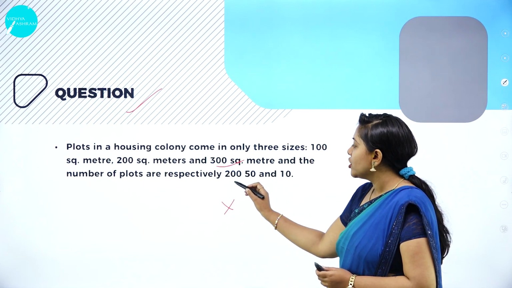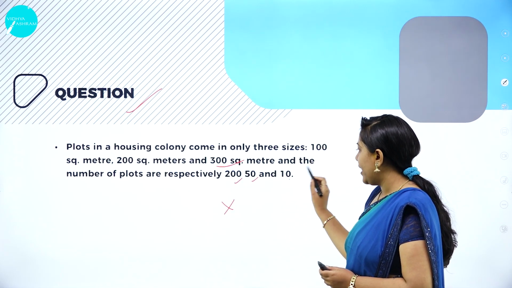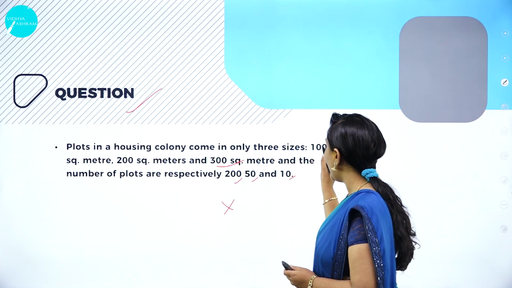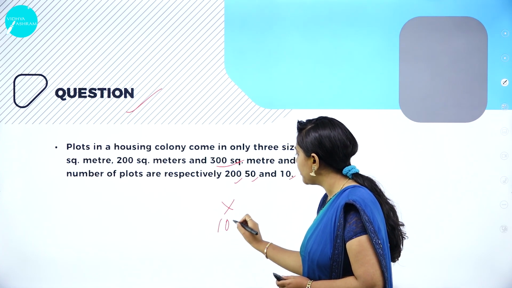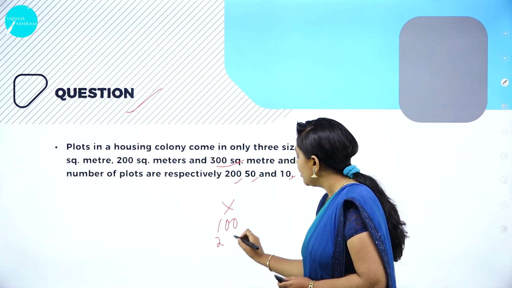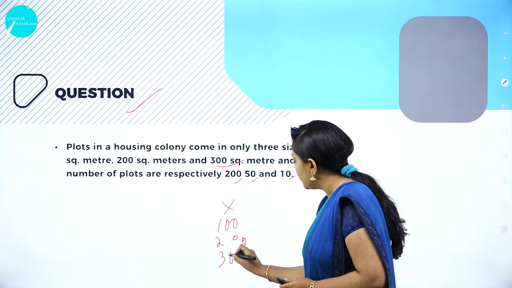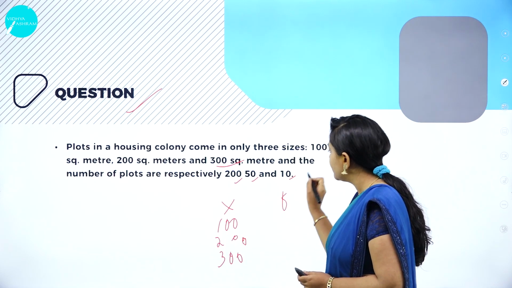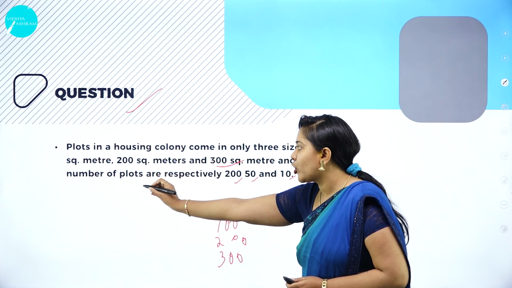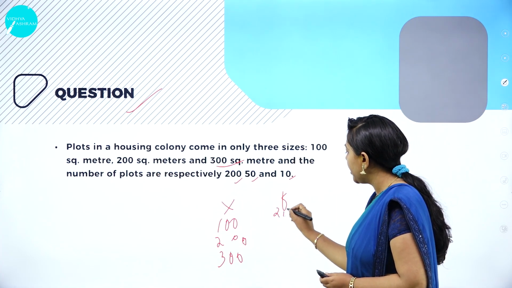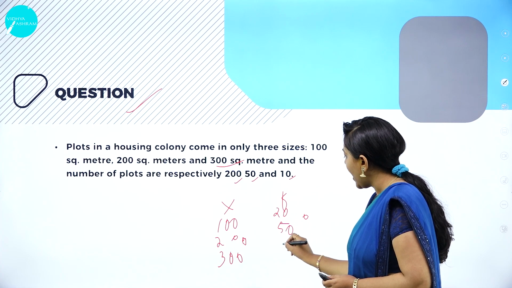What are those? 200, 50 and 10. So what is X now? X is the variable 100, 200, 300, and what is F? That is the frequency, the number of plots, 200, 50 and 10.